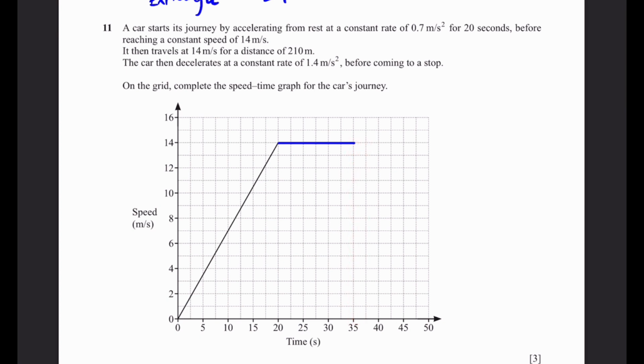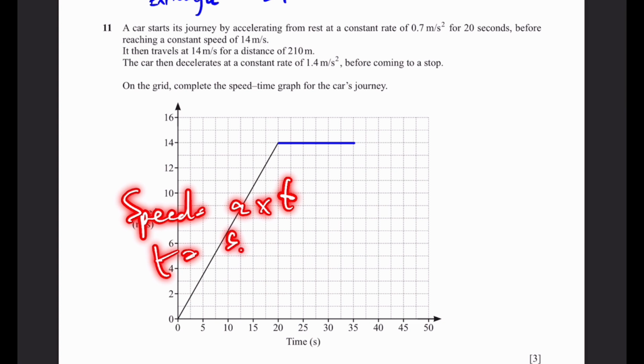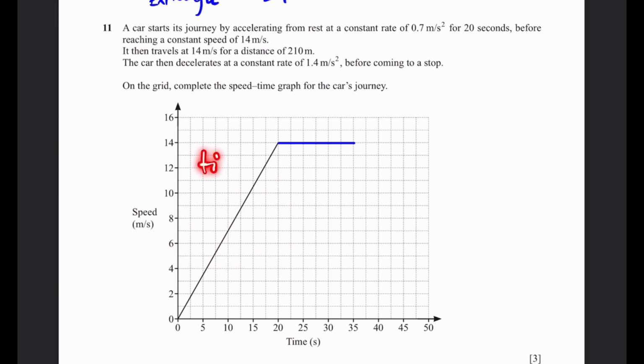Now, the car then decelerates at a constant rate of 1.4 meters per second squared. We know that speed is equal to acceleration into time. That means time is equal to speed by acceleration. So time will be equal to speed, which is 14 meters per second, by the rate of acceleration, which is 1.4 meters per second squared.